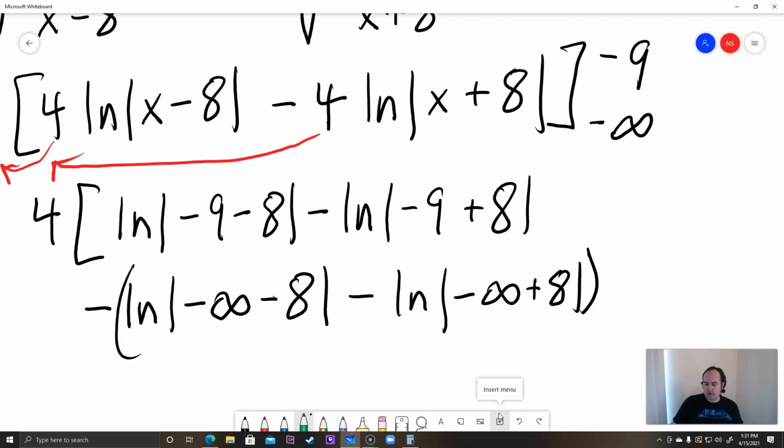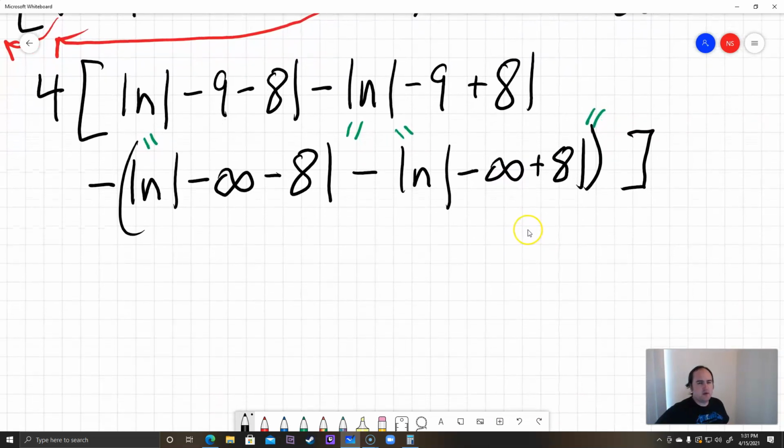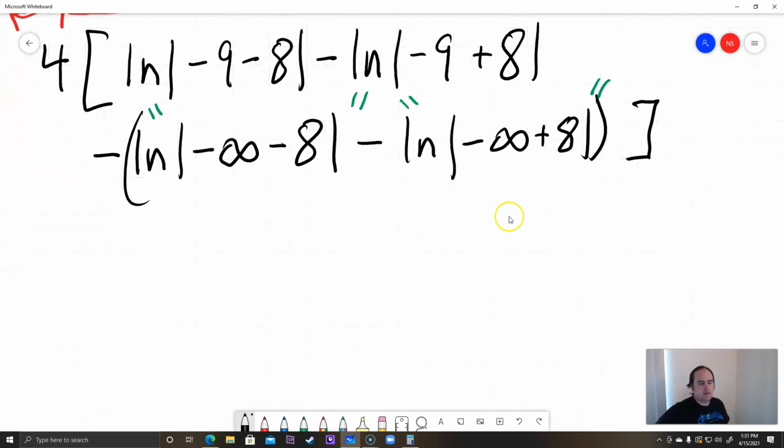And of course I should put quotes around these because you can't really plug in negative infinity or positive infinity like that. That's not allowed. It's improper. Improper math, just like improper English. Okay. But if we rewrite those as limits, they're not going to be that bad.